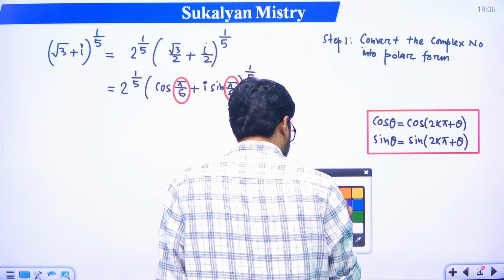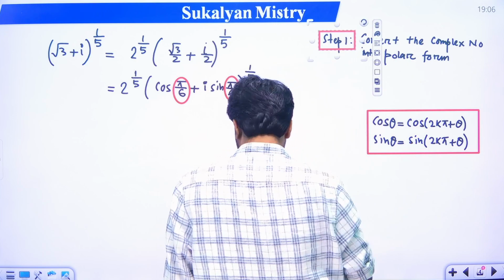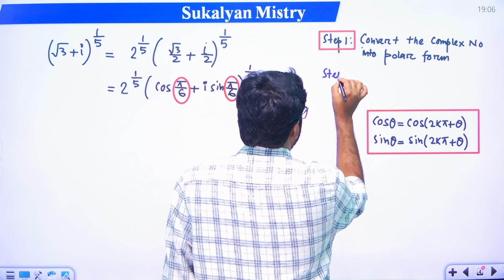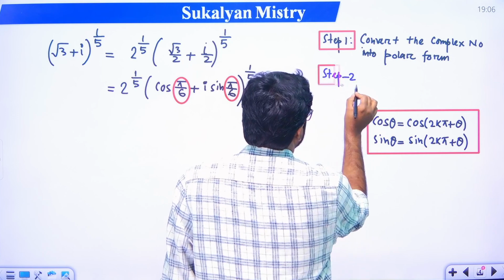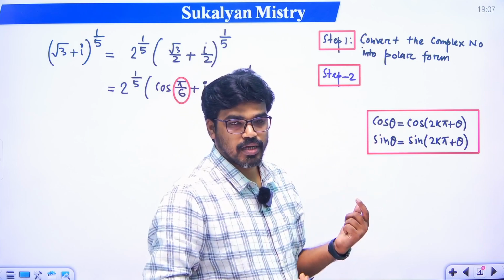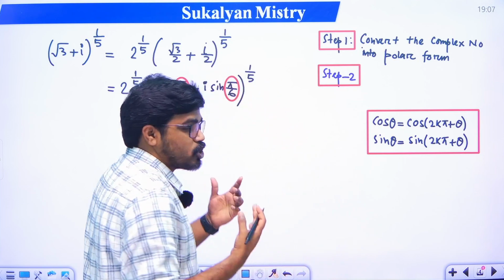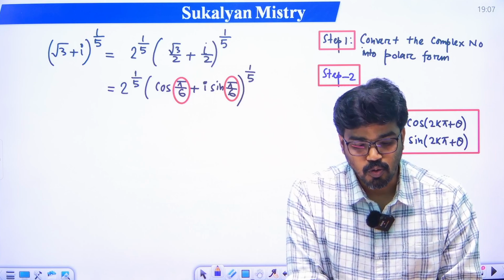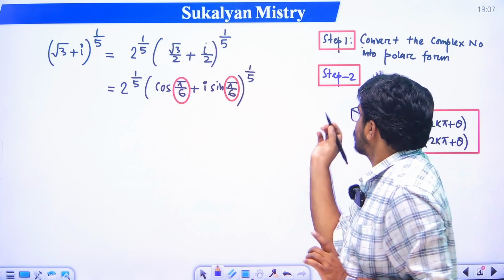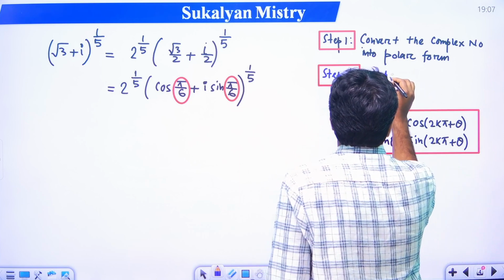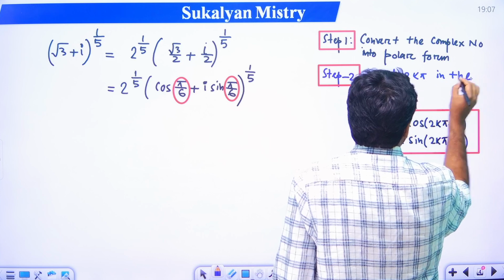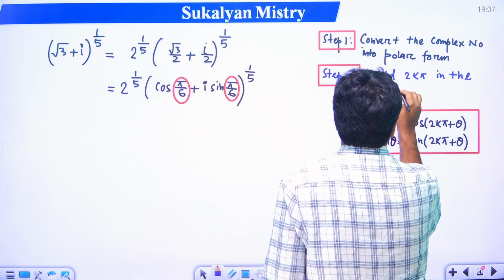Next step, step 2, we add 2k pi to the argument. Right? What do I do with theta? With theta I add 2k pi. Okay? So add 2k pi in the argument, that is theta.